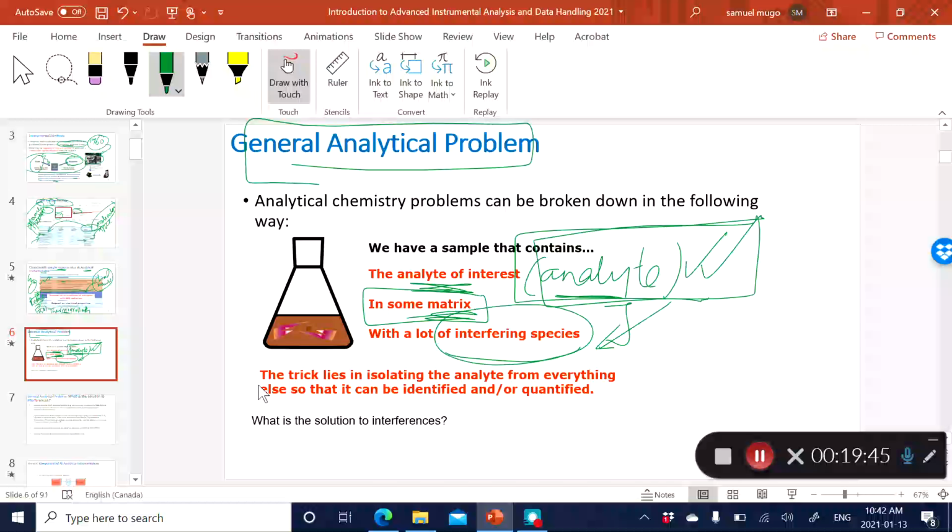And maybe you're just interested in analyzing calcium in milk, and so all the other species are going to come in the way. So as an analytical chemist, you have to think, what is the best analytical method that's going to help me analyze calcium specifically, so that all the other junk doesn't get in the way? So that's what analytical chemists do.